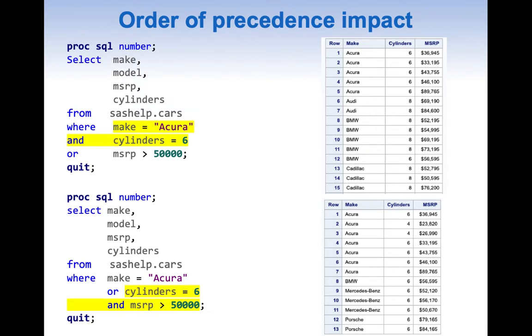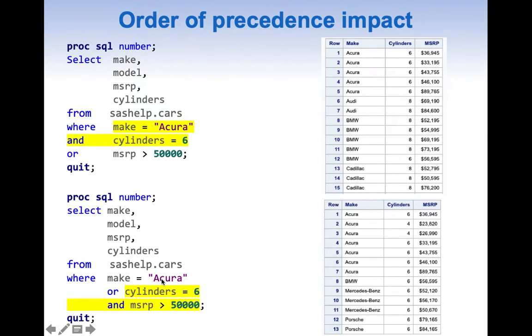As AND has higher preference, this part executes first, that is cylinders equal to 6 and MSRP is greater than 50,000. Once we get this result, we will do an OR where make equal to Acura.